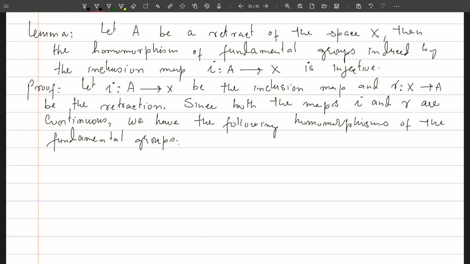Now i from A to X is continuous, so this i will induce a homomorphism, say i star, from the fundamental group of A based at some point x naught to the fundamental group of X based at i of x naught, but i is an inclusion map, so i of x naught is same as x naught.